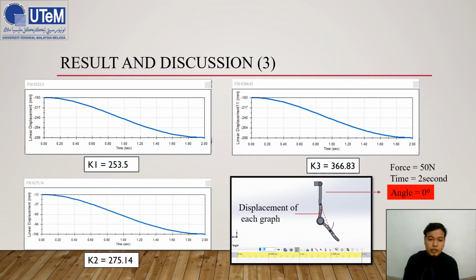We get the value from each one of the graphs, and the displacement that we calculate is from joint point 1 to joint point 2 at the spring. We use as the first condition a 0 angle, and the time to perform the motion is 2 seconds.